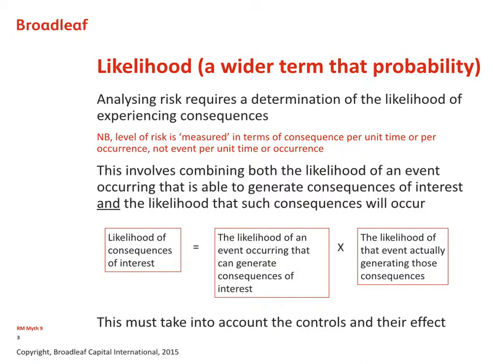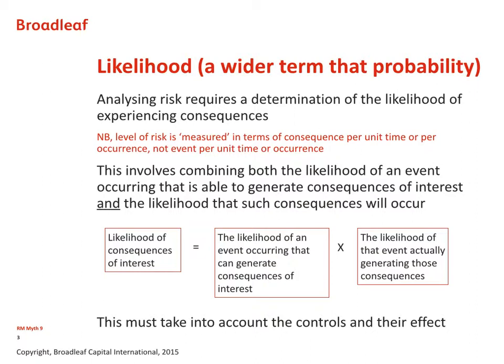And if you think about the way we express measures of risk, typically we talk about dollars per year or lives lost per year, or what's the chance of somebody suffering this level of reputational damage over this period of time.